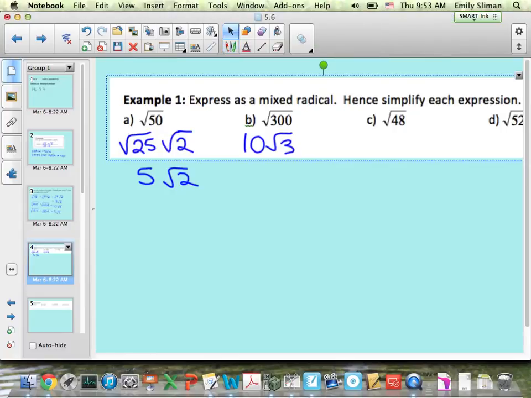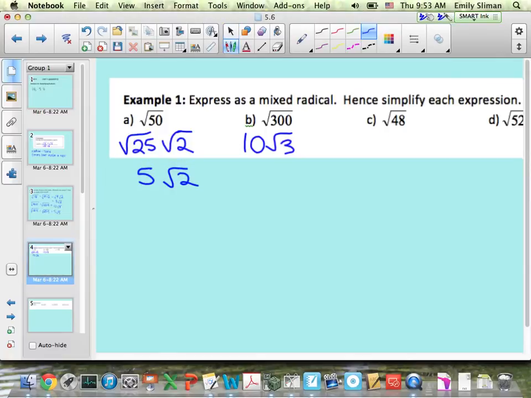So 48, you might come up with multiple answers. Okay, so one answer that you might come up with is 4 and 12, which is 2 root 12, but then 12 is also what? So this is the same as 2 times root 4 times root 3. So root 4 is 2.